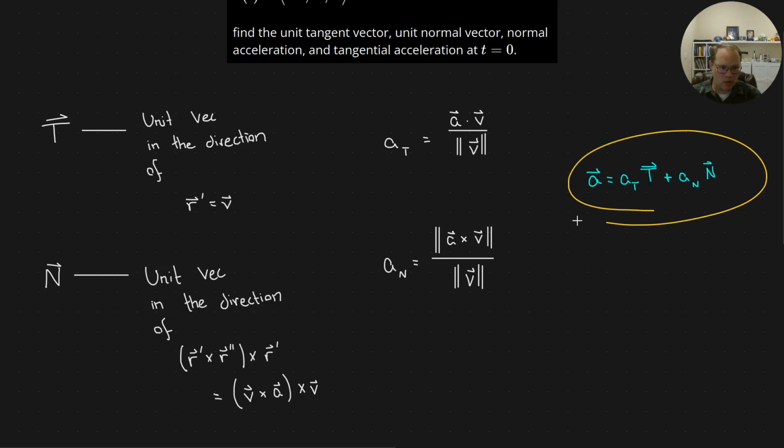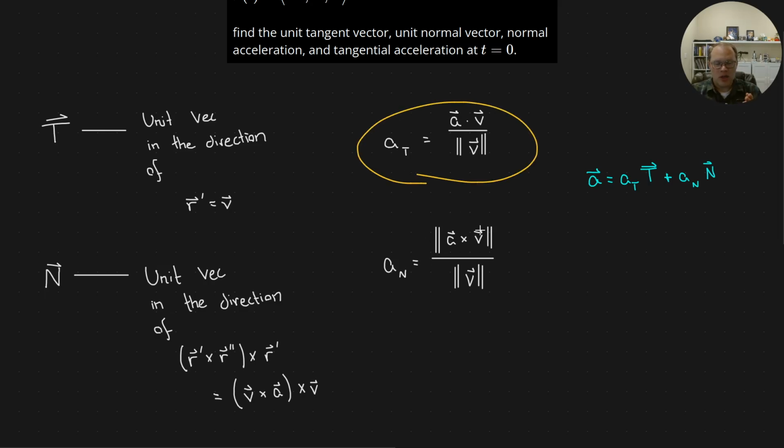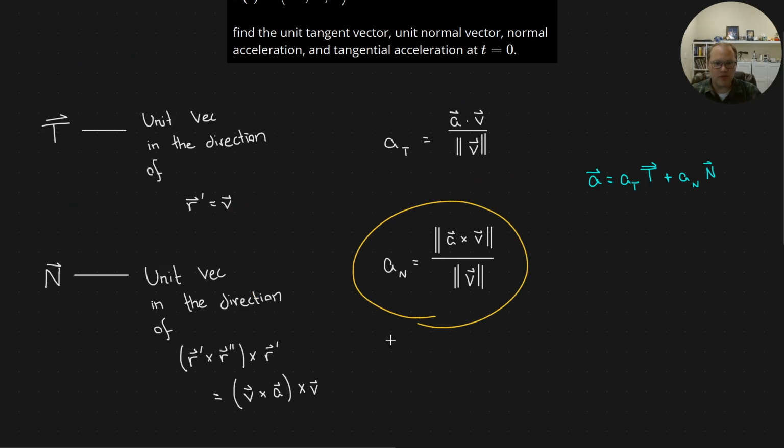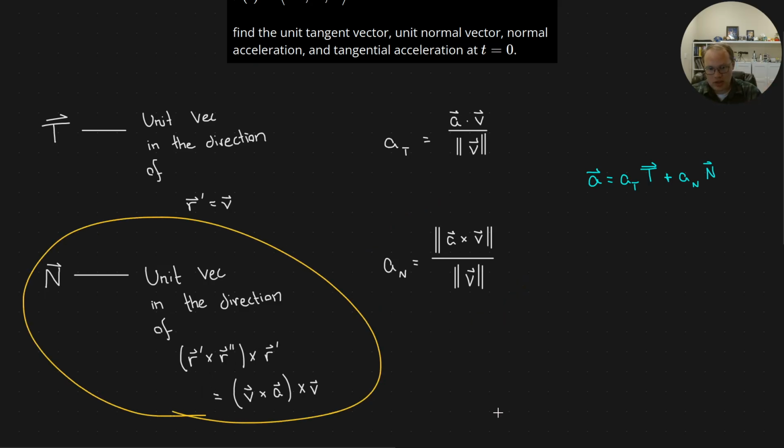Now we're not going to do this, but that's why we're finding all of these things. These are all the constituent parts of the acceleration vector. This is how much the velocity is changing its speed, and this is the direction it's changing in. This is how much the velocity is changing its direction, and this is the direction it's changing in.